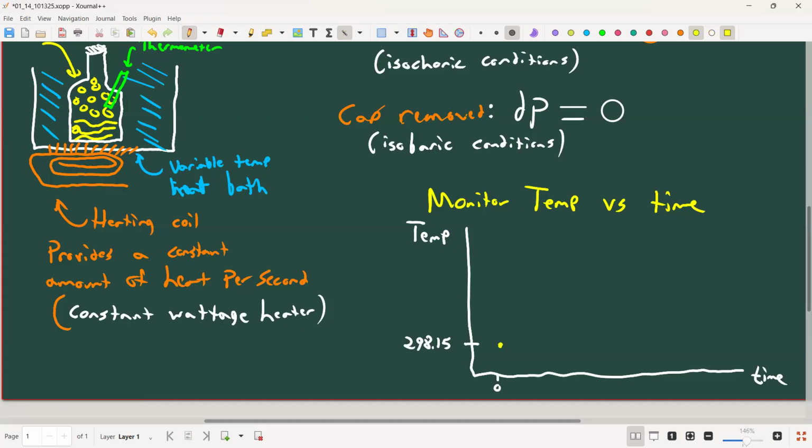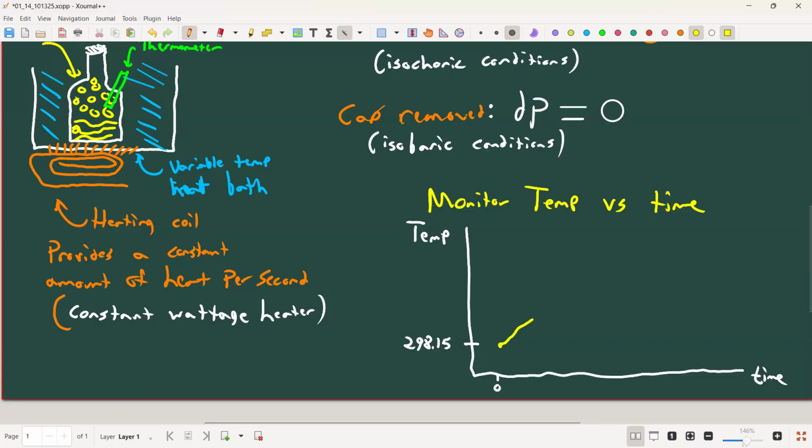And the temperature is going to increase at some rate. Now we're going to see that, in fact, it's not necessarily a straight line, but let's just assume it's a straight line, that the temperature increases linearly in time. We'll see eventually that that's not the case. But we'll have a linear increase of energy.